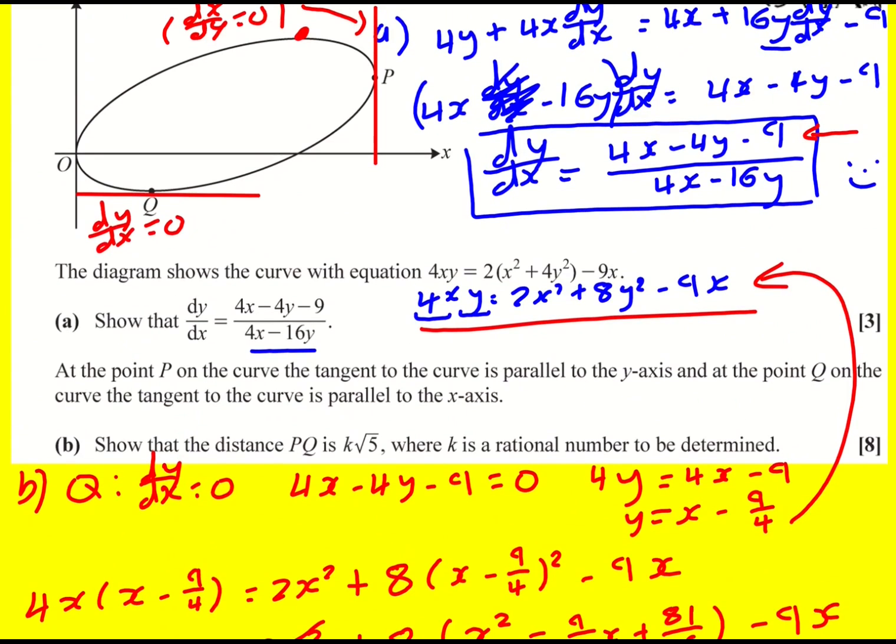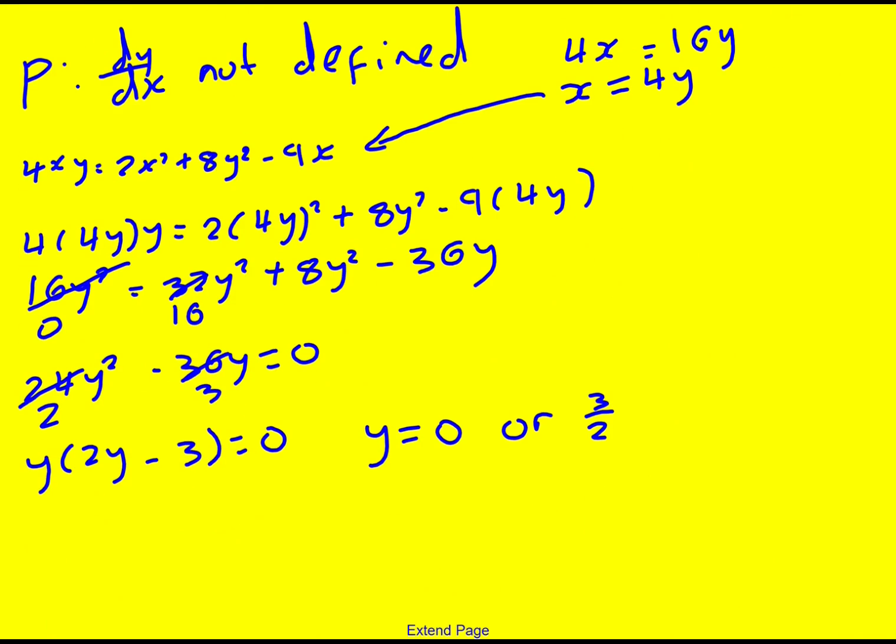Now there's two places again where it's not defined. One of them is the origin. That's the point I've just found with 0. So p is going to be the 3 over 2. And therefore x is going to be 4 times that, which is going to give 6.